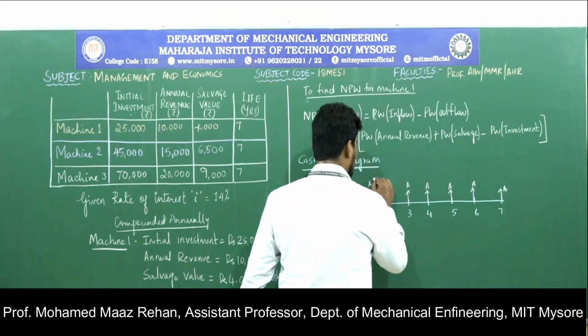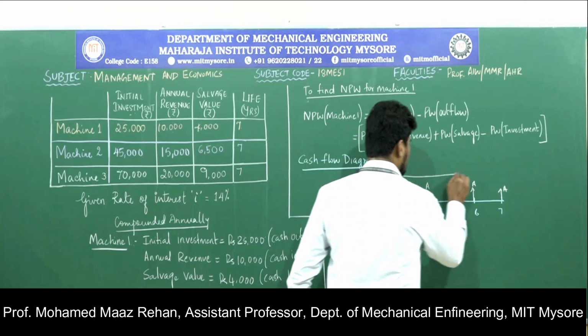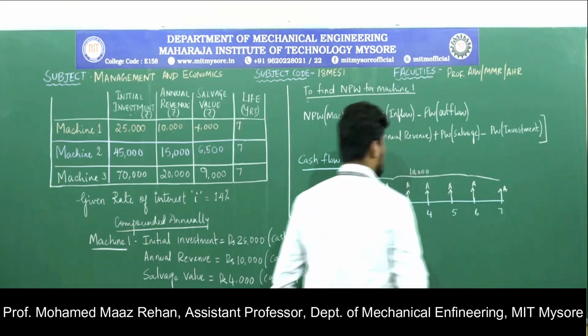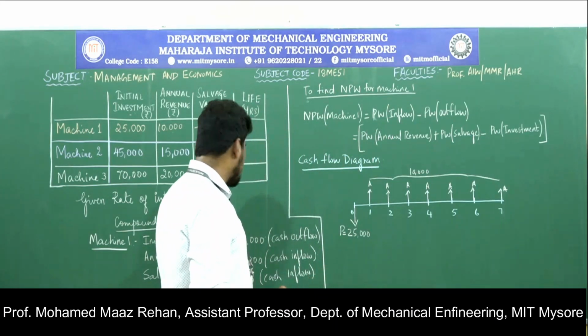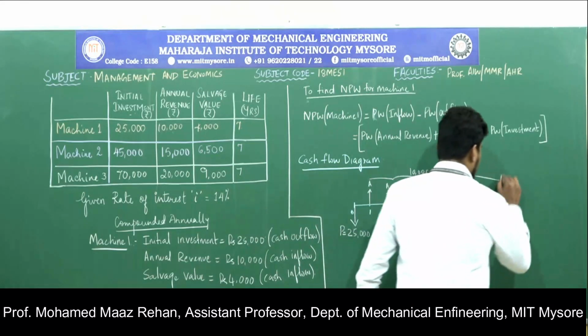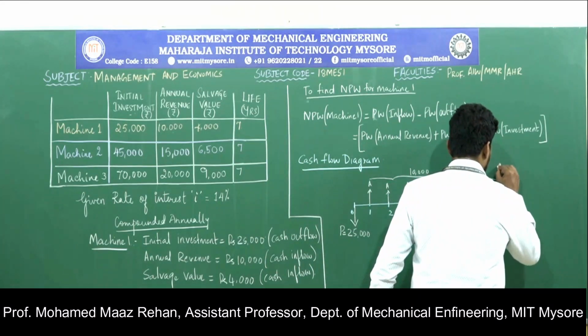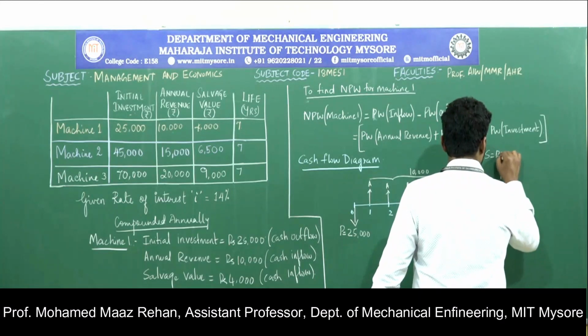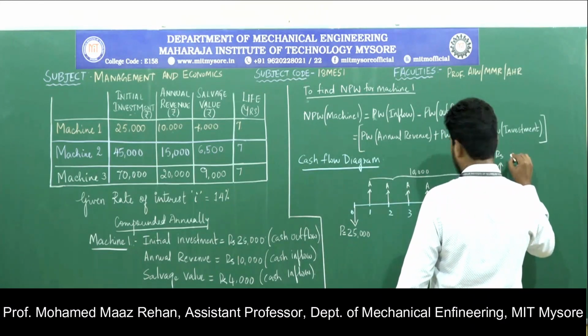Annual revenue is 10,000. Next, salvage value is nothing but the resale value he will be getting at the end of the year. How much will he be getting? Salvage value he will be getting is 4,000.